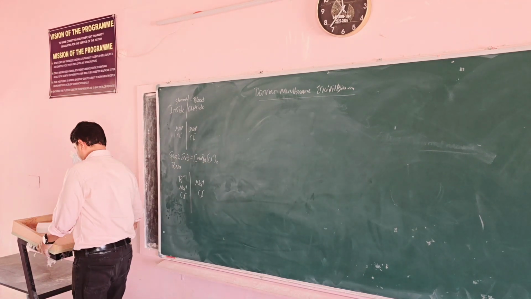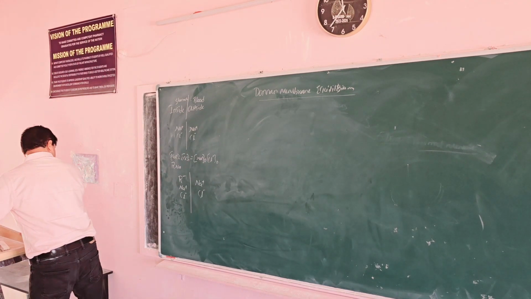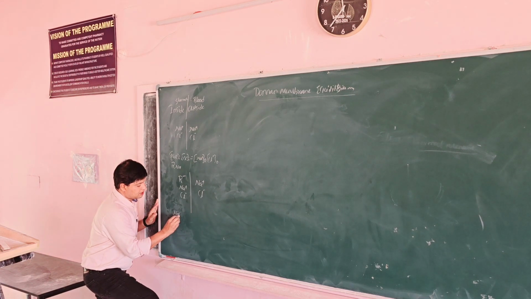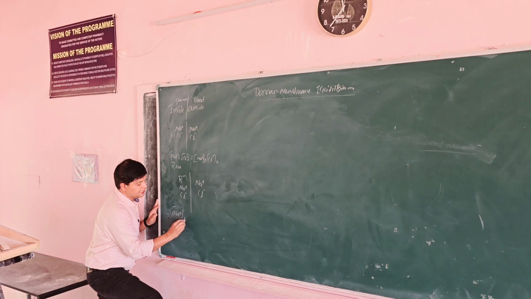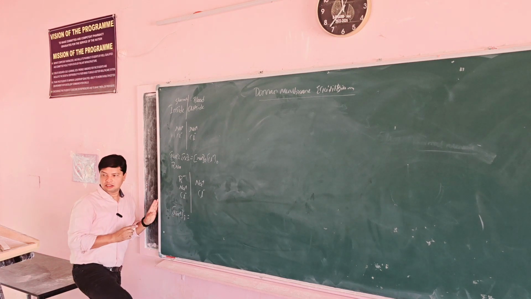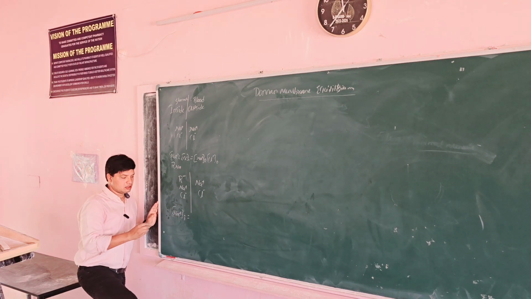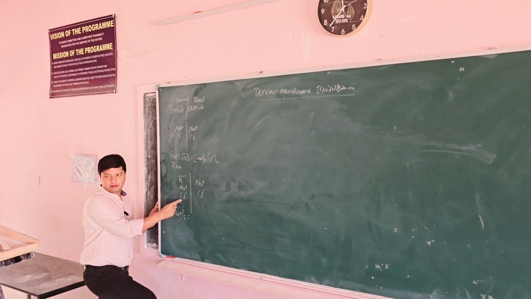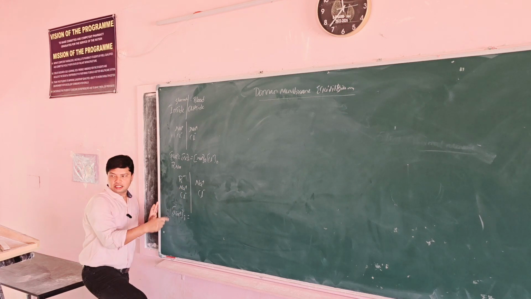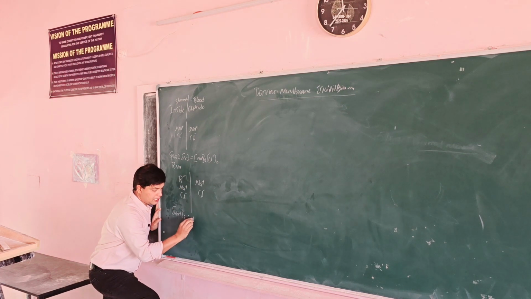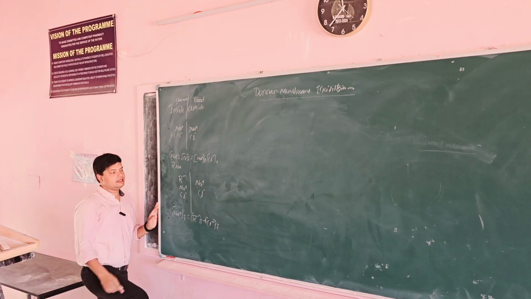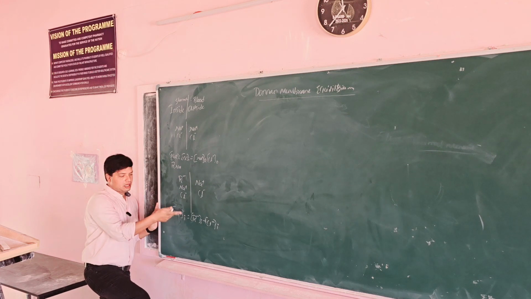After that, positive charge inside is equal to what? The positive and negative are in equilibrium. So positive charge inside is equal to negative charge inside. Inside we have two negative charges.